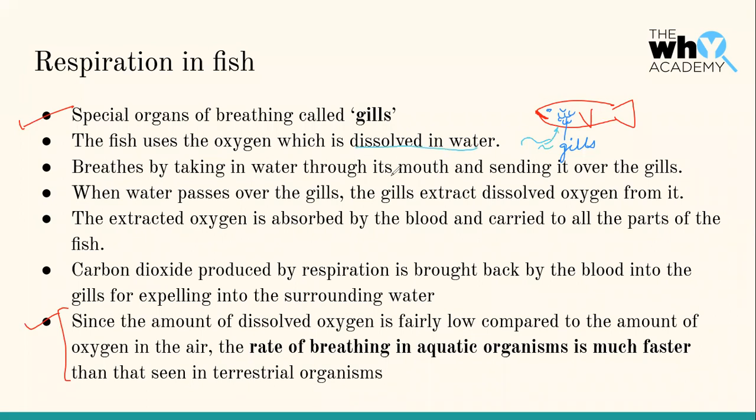And how does it do that? Either through its mouth or via the gills directly, right? And when it passes over the gills, just like we have alveoli, you can equate it, or you could say that gills are the same in fishes.